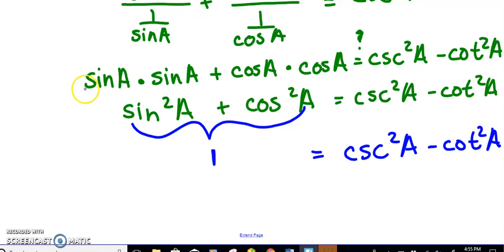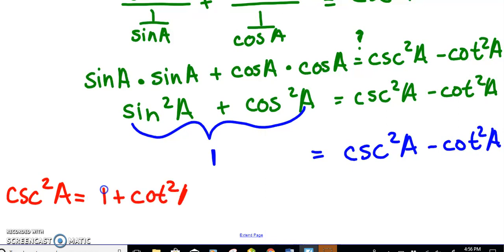So let's go back to this. There's a Pythagorean identity that says this, or a variation of this. Remember that identity?